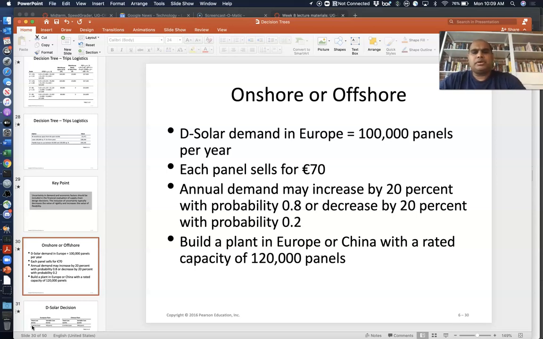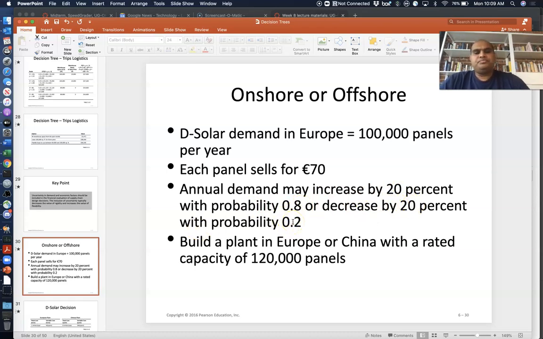Let's talk about D-Solar. D-Solar is a company with a demand in Europe for 100,000 panels per year currently, and each panel sells for about 70 euros. Now the annual demand may increase by 20% with a probability of 80%, or decrease 20% with a probability of 20%.